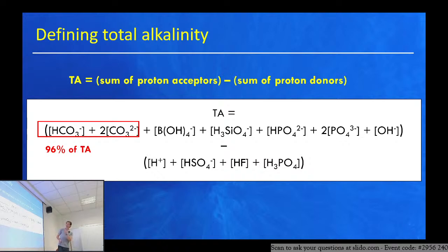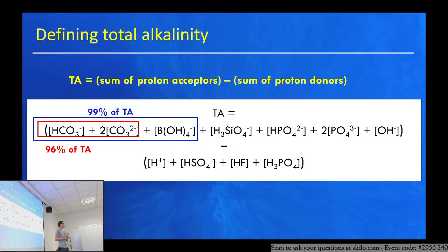If we add just the borate concentration to that, we've already got 99%. So all of these others don't have much of a practical impact. This means that the carbon chemistry of seawater is really influential in what's happening with the whole carbonate system.